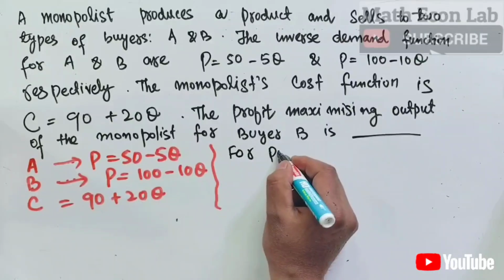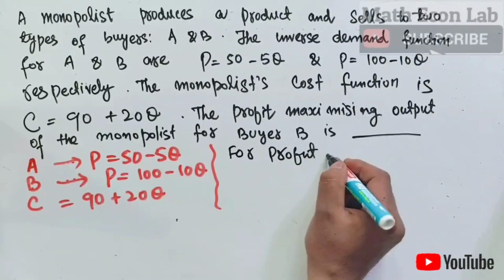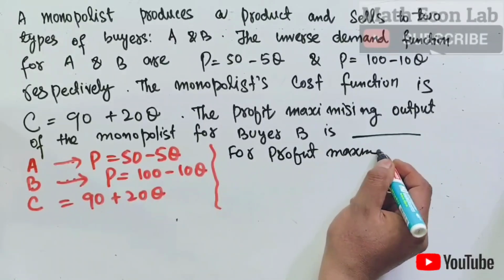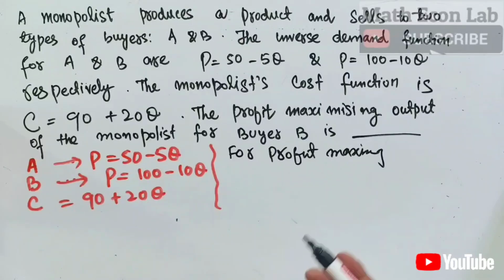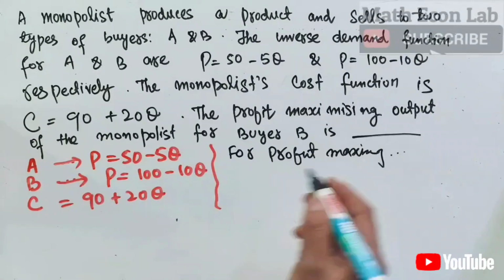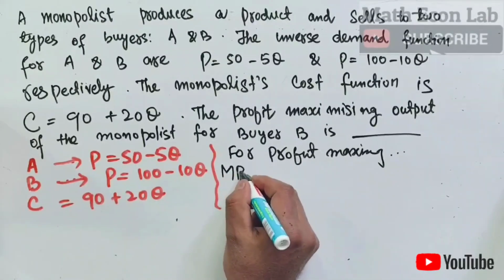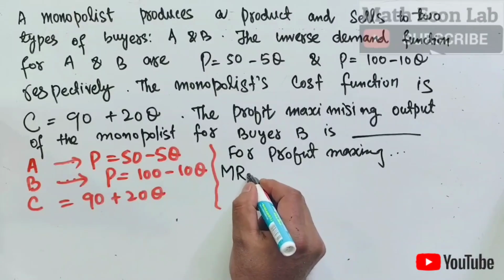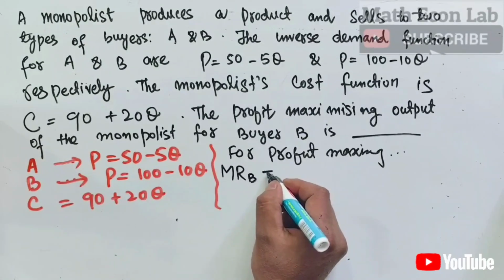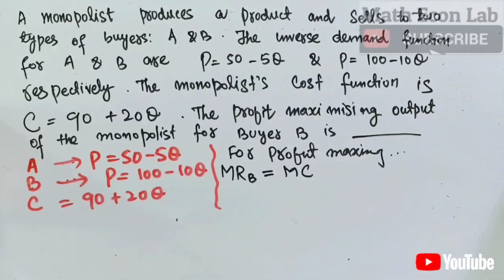So we know that for profit maximization in the case of monopoly, we equate the marginal revenue for buyer B to the marginal cost.